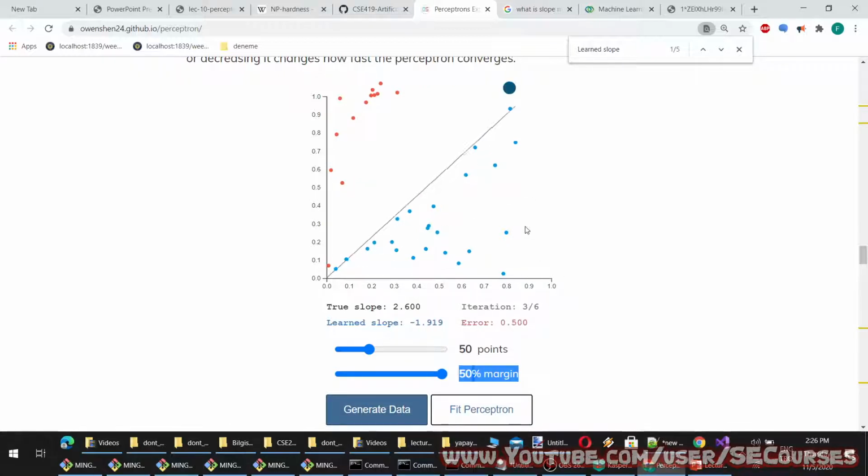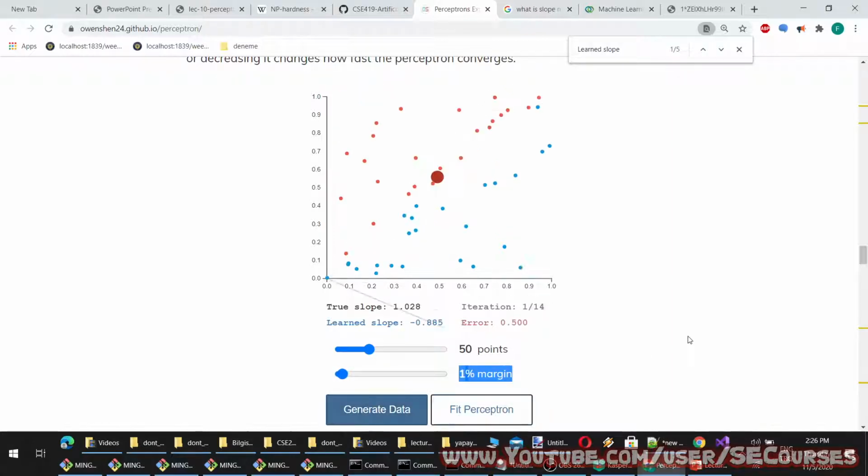Okay, so now we have a 50-point margin. It took 6 iterations, and let's try with 1 margin. It took 14 iterations. So you see the error is changing with each updated weight.